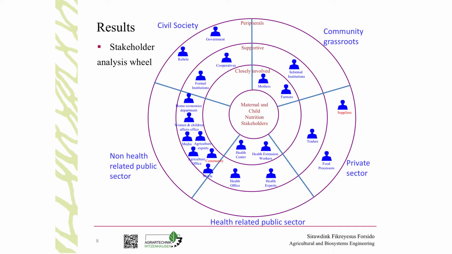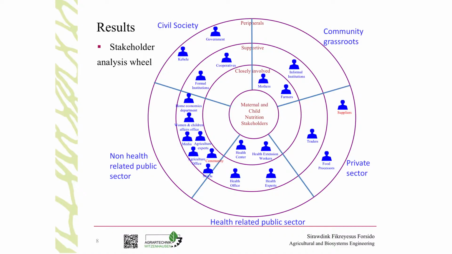This is the stakeholder analysis wheel. This shows the different sectors and what kind of role they have in maternal and child nutrition affairs. As you can see, there are more non-health related public sectors involved in that area as compared to the others.